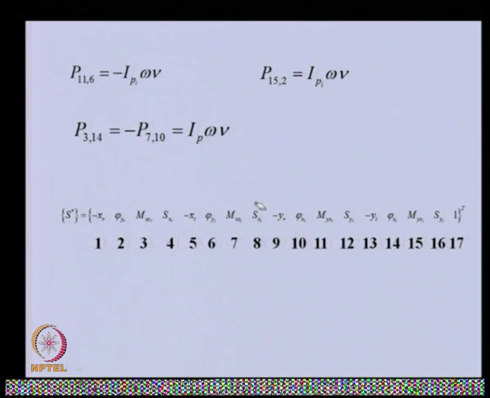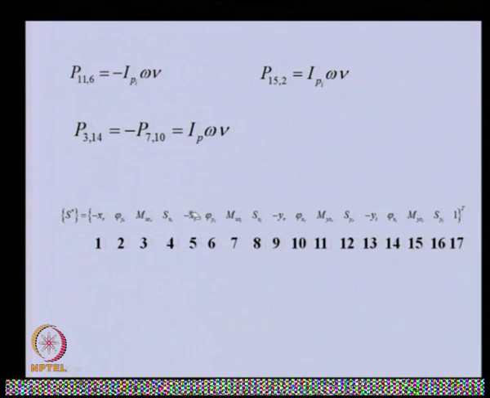These next 4, from 5th to 8th, are the imaginary part of the same state vector: x, phi y, m y z, and s x. So, the first 8 vector elements belong to one plane, that is the zx plane.